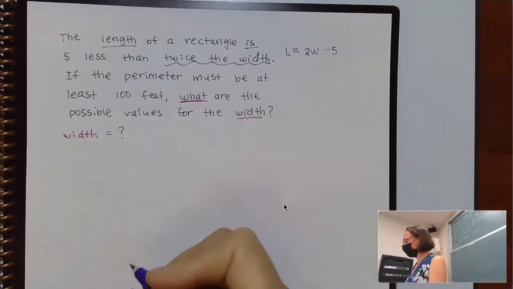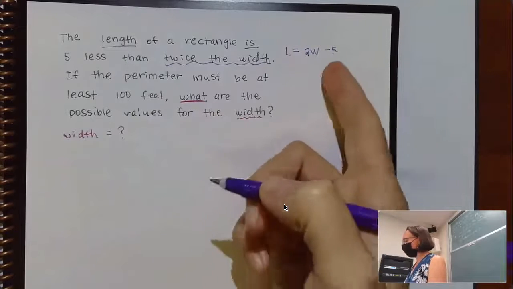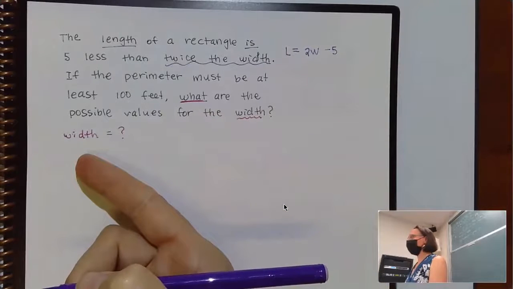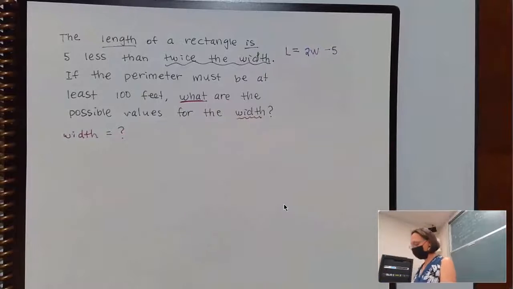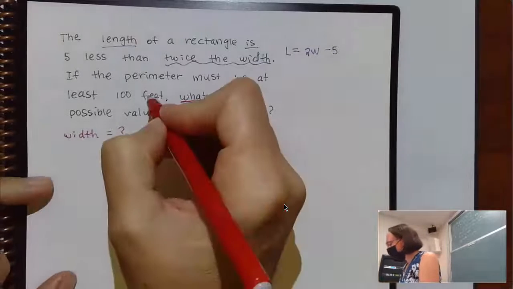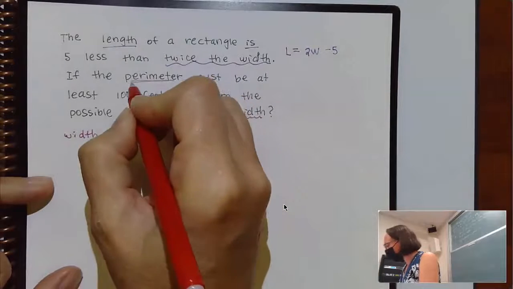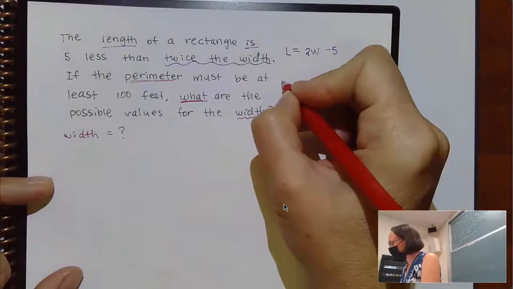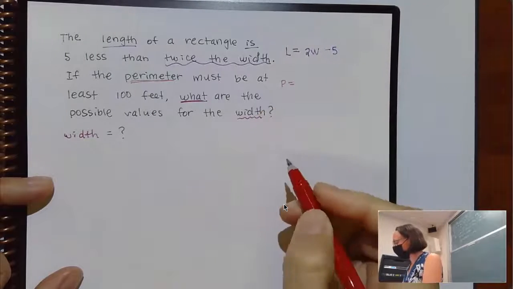That's cool, but not enough information for me to answer the final question. So I'm going to keep going in the problem and look for more clues. The perimeter must be at least 100 feet. So perimeter, I'll just write P for perimeter.